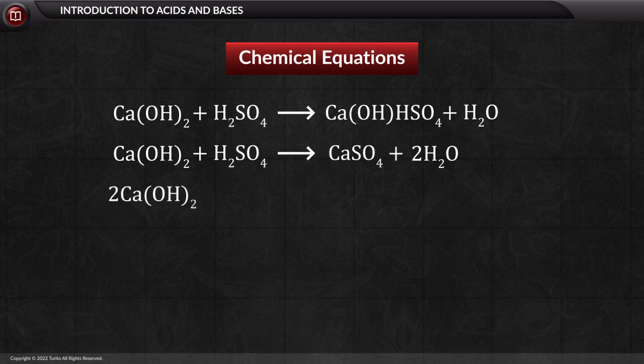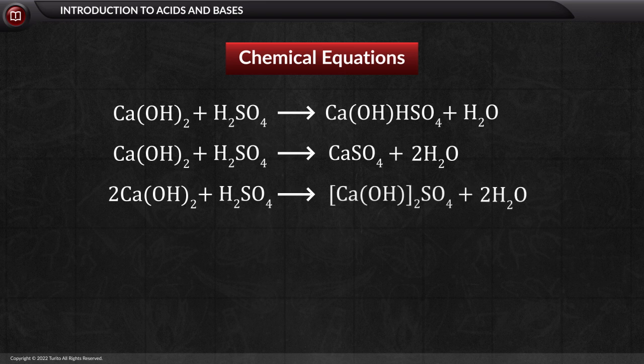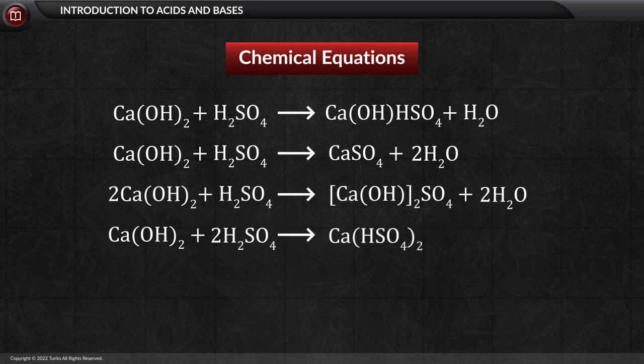When Ca(OH)2 is taken in 2 moles and sulfuric acid in 1 mole to form 2 moles of water, then the salt is [Ca(OH)]2SO4. Likewise, when the opposite is done, that is, sulfuric acid is taken in 2 moles and 1 mole of Ca(OH)2 is taken, then Ca(HSO4)2 and 2 moles of water is formed.